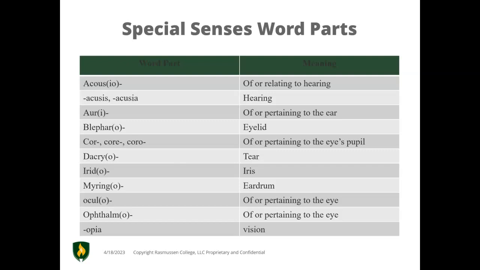Core or coro is pertaining to the eye's pupil. Dacryo is a tear. Irido is iris. Myringo is eardrum. Oculo is pertaining to the eye, as well as ophthalmo. The suffix -opia means vision.